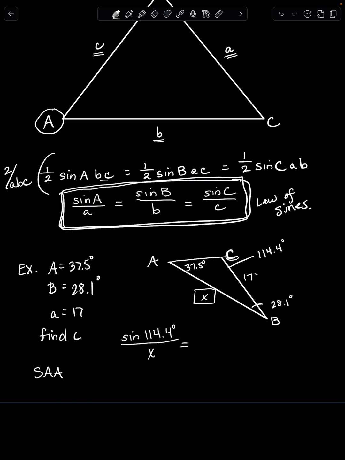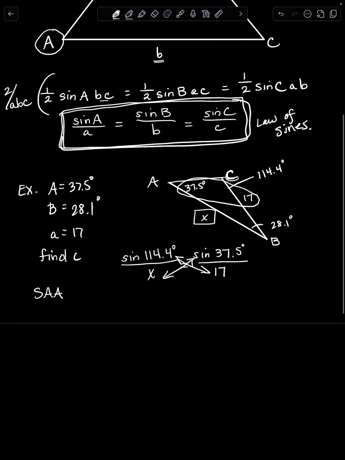The only other ratio I've got is angle A inside A, so I have to use that. So it's going to equal the sine of 37.5 degrees divided by 17. Now, once you've got this set up, all we're going to do is cross multiply and isolate x, right? We're solving for x, which is my side C.